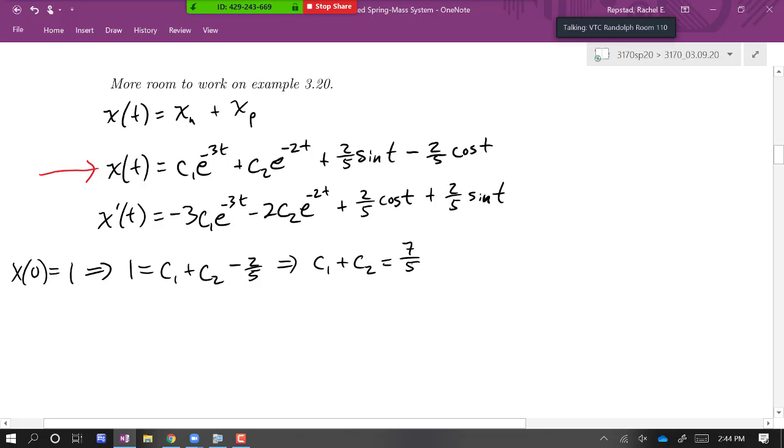So we have one equation with two unknowns. Then they also tell us that x prime of 0 equals negative 8. So now we're plugging it into x prime. What remains when we plug in 0?